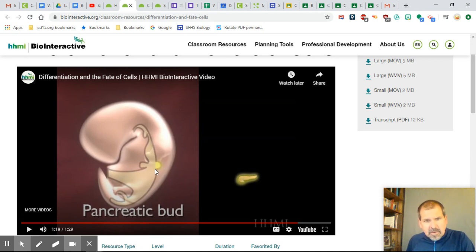From the endoderm, we have these cells, which are the pancreatic bud. So now we've gone from completely undifferentiated cells to cells differentiated to endoderm, and then those cells have specialized into the pancreatic bud. All of these cells will now divide only into cells that will develop into the pancreas.